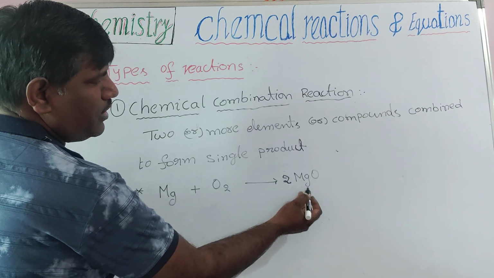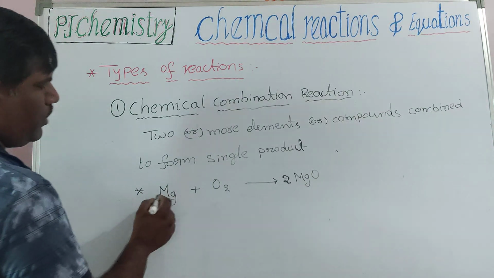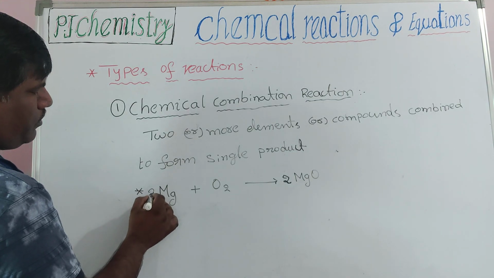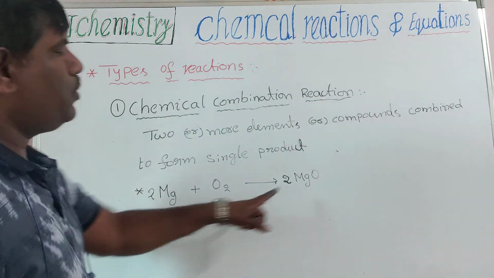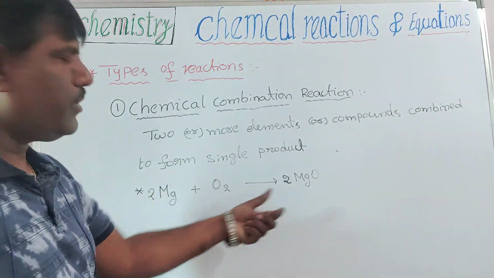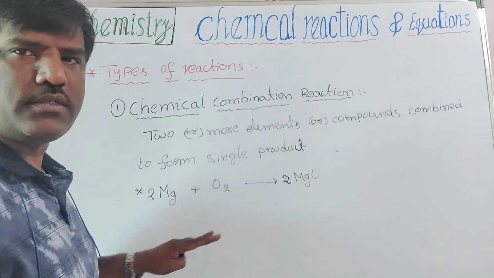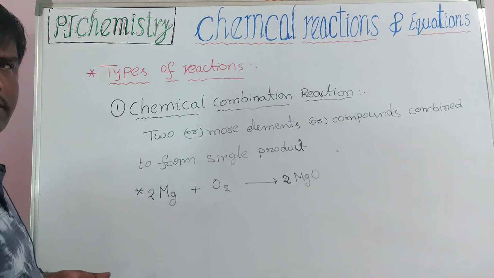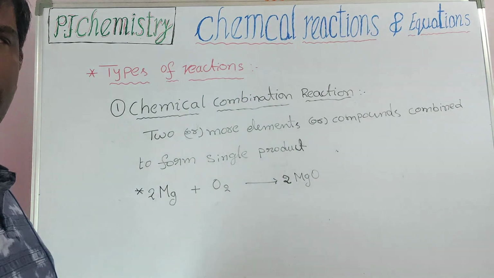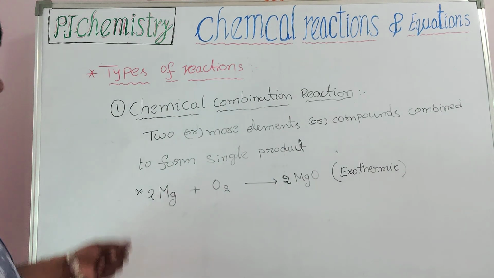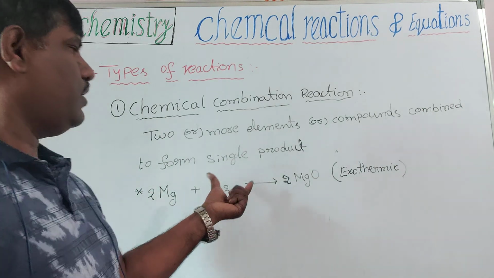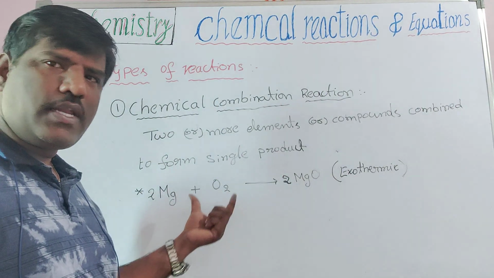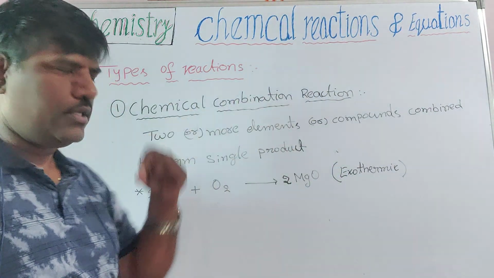Two magnesiums are there after multiplying, but here only one magnesium, so multiply with 2. Two oxygens are there on the product side, and on the reactant side also 2 are there, balanced. So this example is a combination reaction as well as an exothermic reaction.